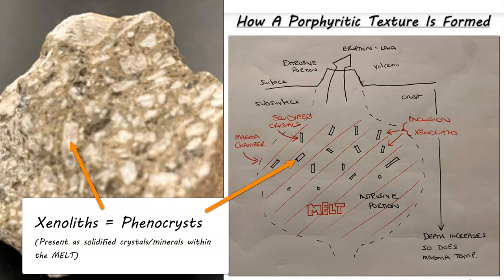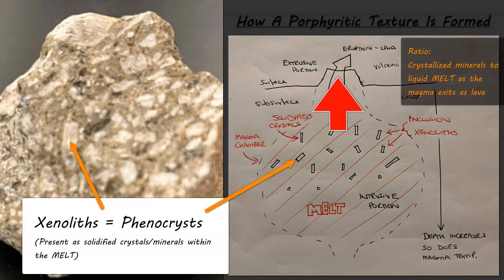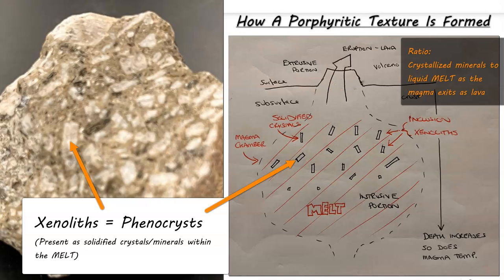Eventually, when this magma erupts onto the surface through volcanic activity, you get this already established ratio of large phenocryst crystals in the magma as it erupts.